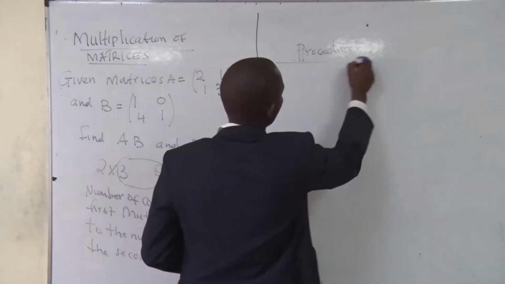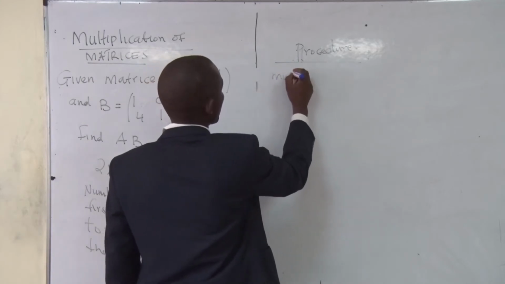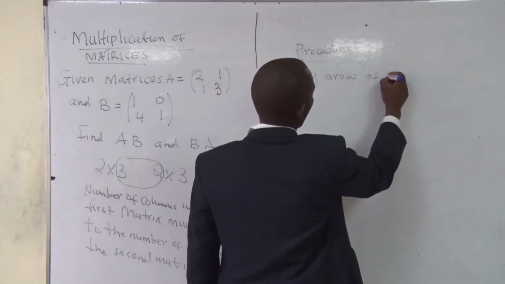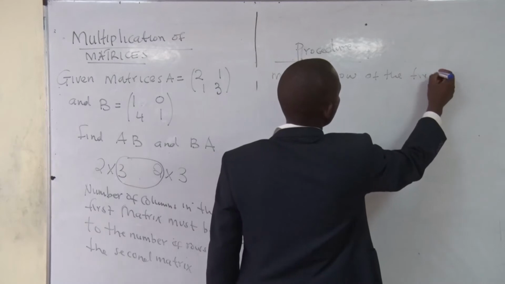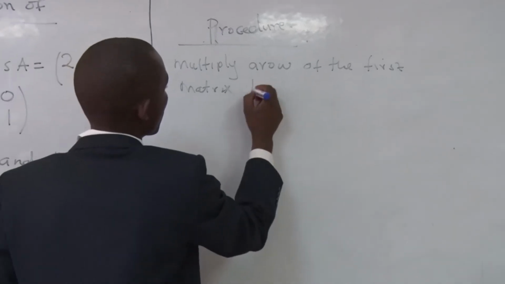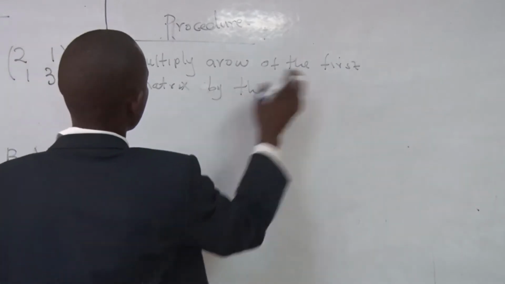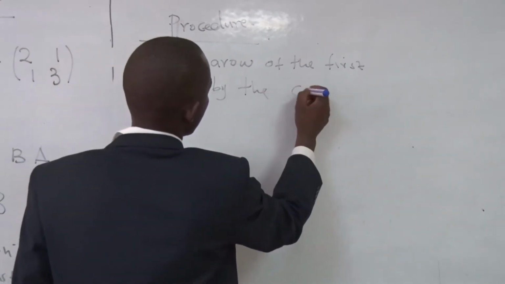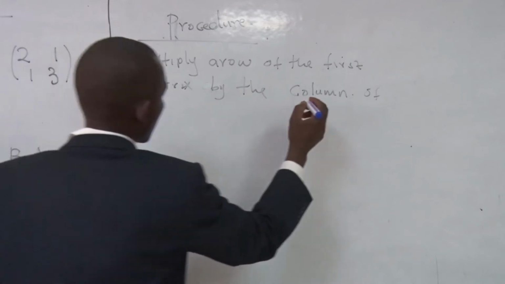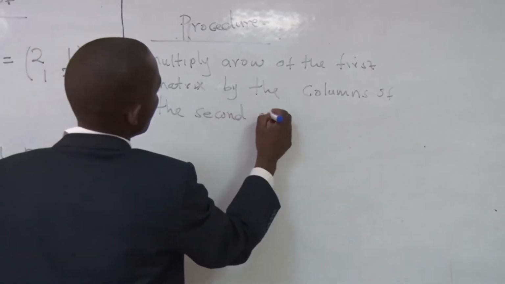The first procedure is: multiply a row of the first matrix by the columns of the second matrix.